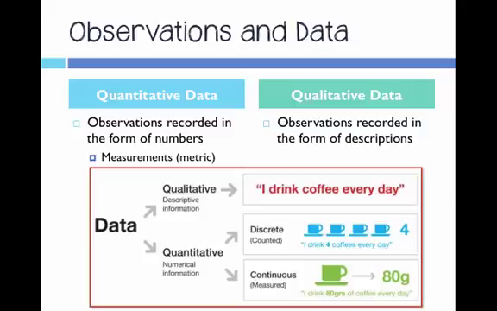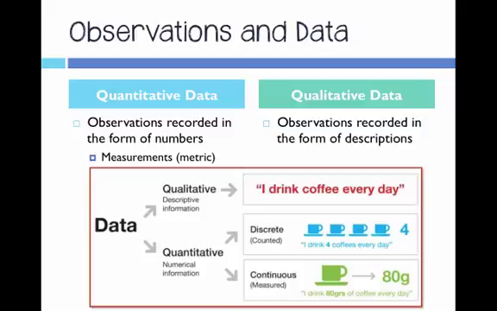Quantitative, on the other hand, includes numbers. And you'll see that there are two different kinds of numbers in that picture. Discrete numbers, those that are counted, so going 1, 2, 3, 4. So I drink 4 coffees every day. That's discrete, but it's quantitative because there's a number included there. Continuous or measured numbers are also examples of quantitative.